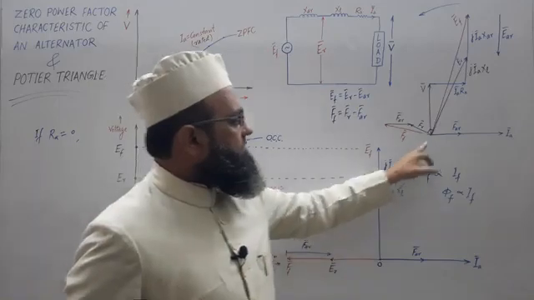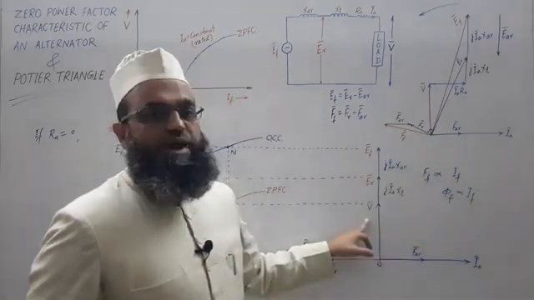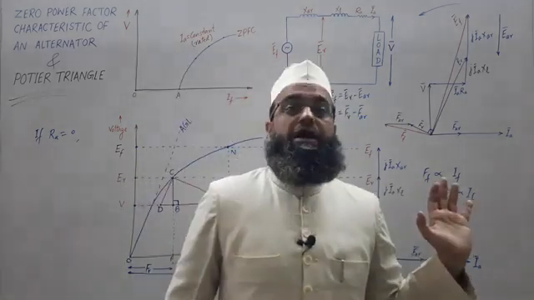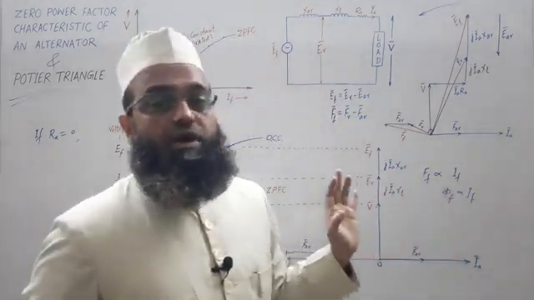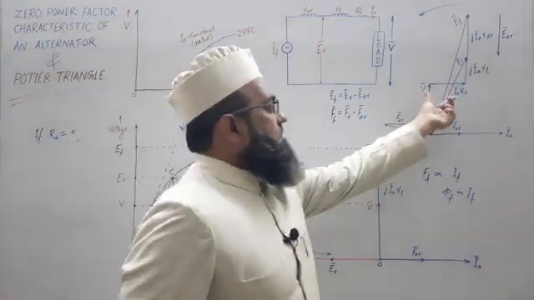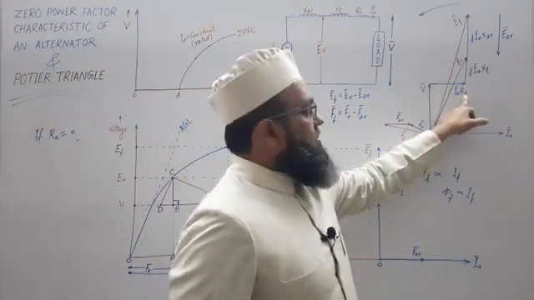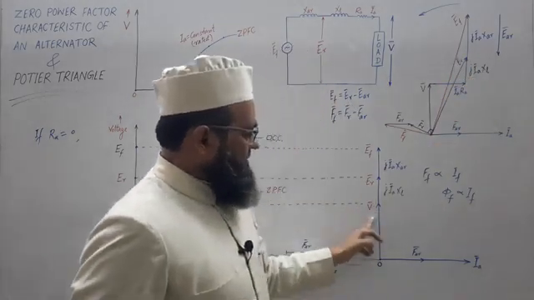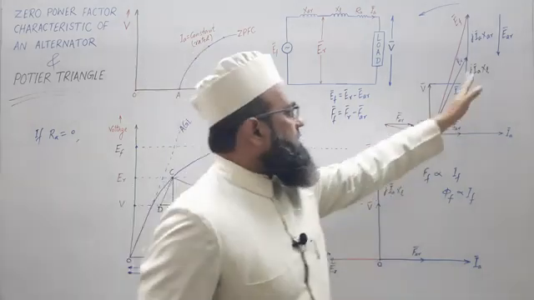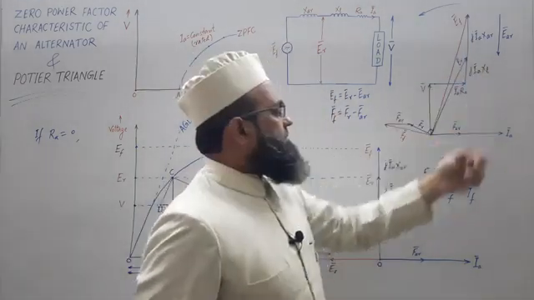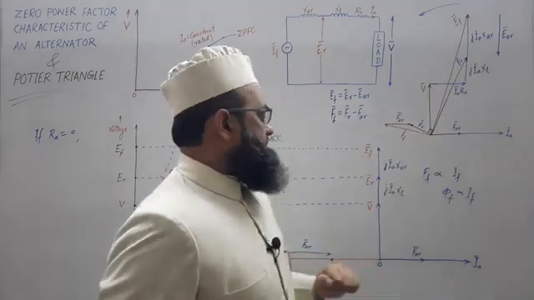This is IA lagging V by 90 degrees because we have connected a purely inductive load, a zero power factor load, to our alternator. Now the IA RA drop has been ignored. It means now j IA XL will be in the same phase with this, no drop. We are shifting this line to this because we have ignored this horizontal drop along IA.